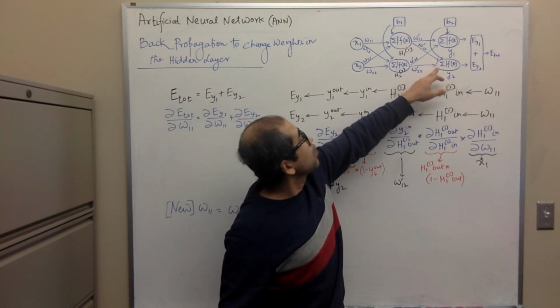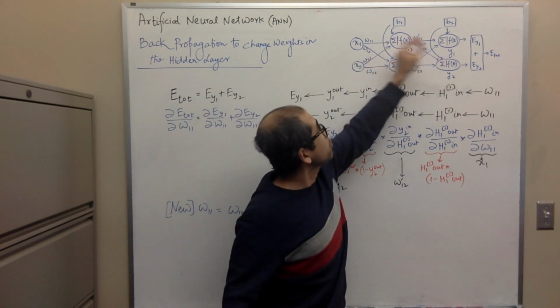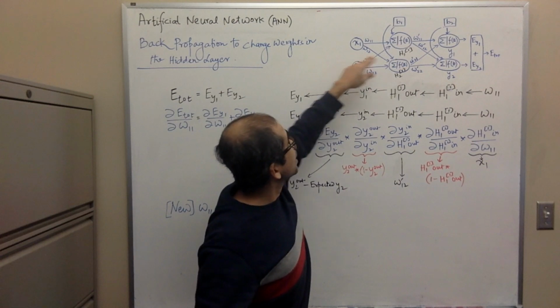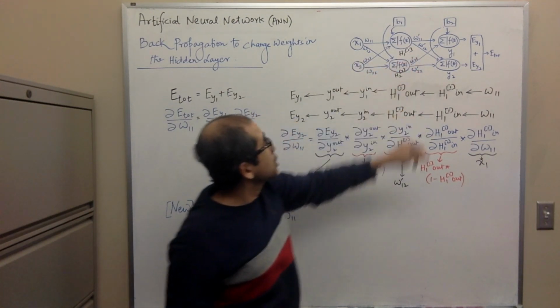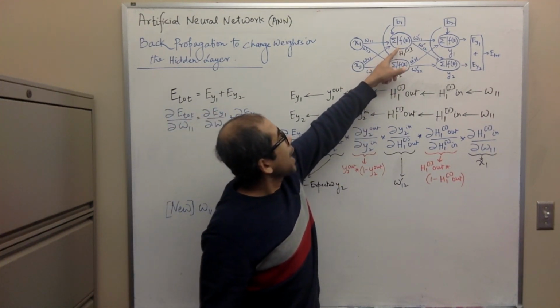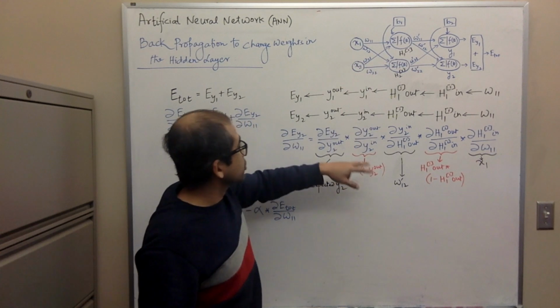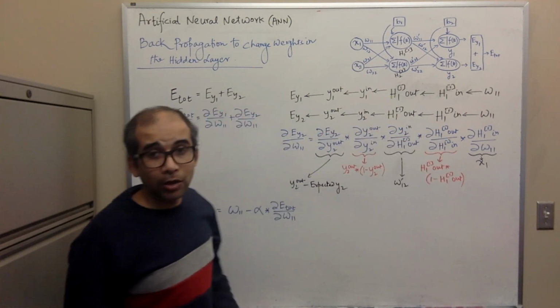And now we will go back to this one, because this weight affects that weight. So this part we can ignore. This one is being affected by this weight W prime 1 2 and the outcome of H1 1, and in that way we get H1 out and then H1 in and then W11.